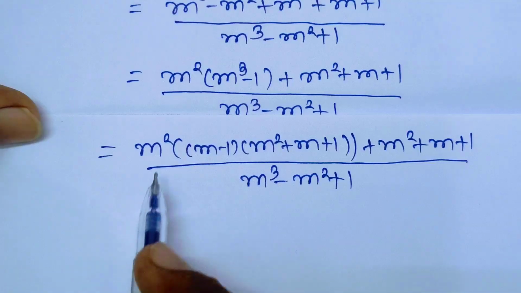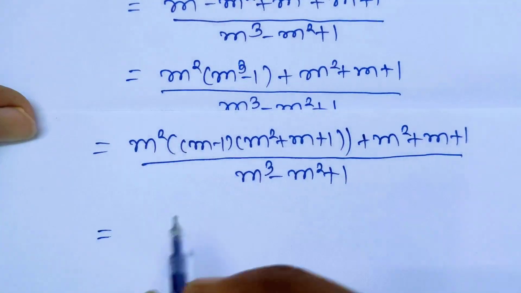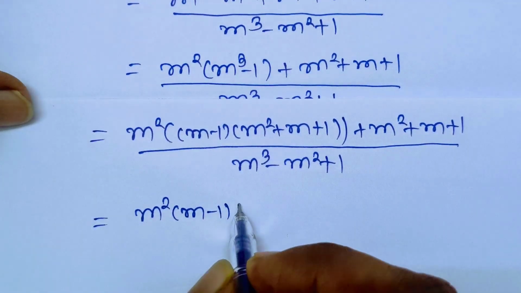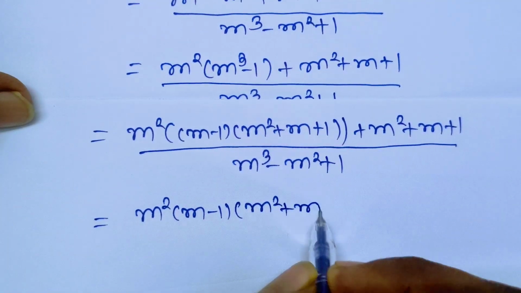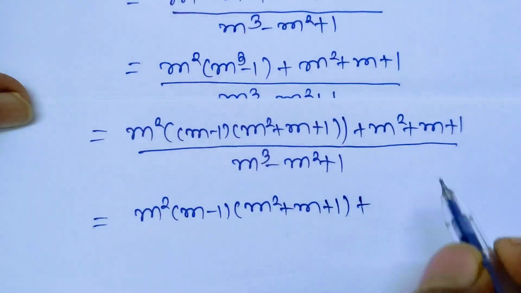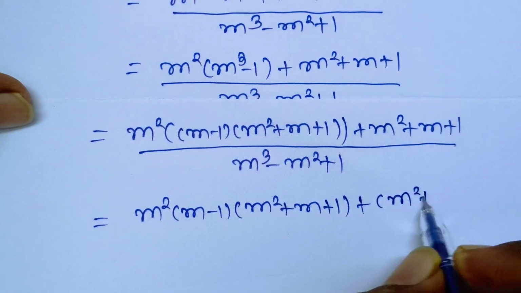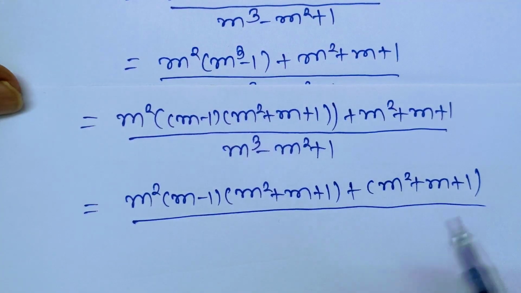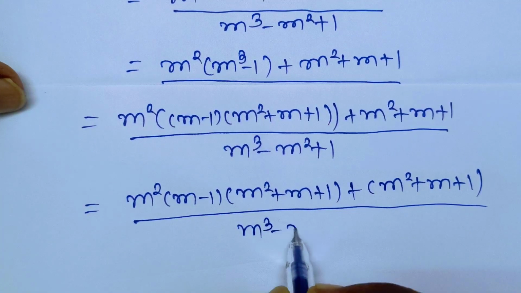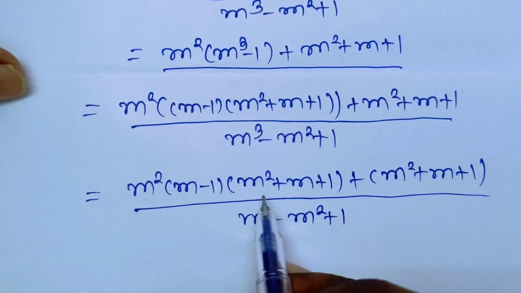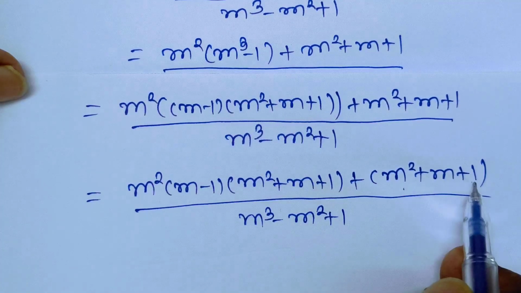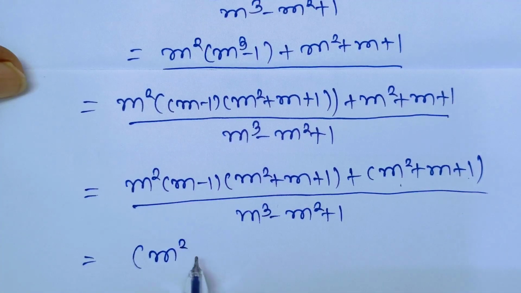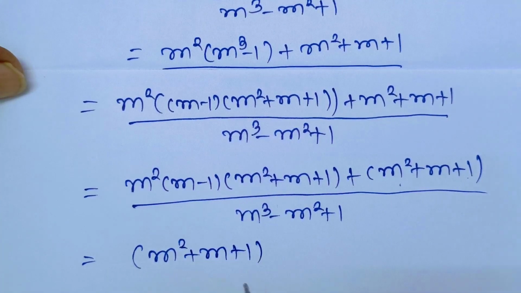Now look at this. First let's simplify this bracket: m^2 into (m - 1)(m^2 + m + 1), plus m^2 + m + 1, this whole divided by m^3 - m^2 + 1. Here m^2 + m + 1 is common.